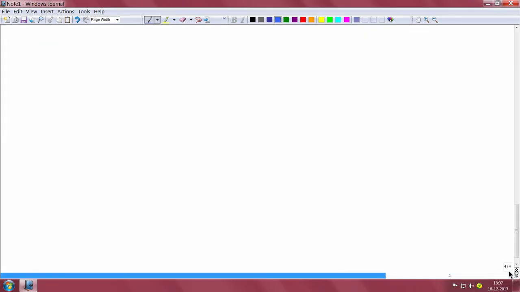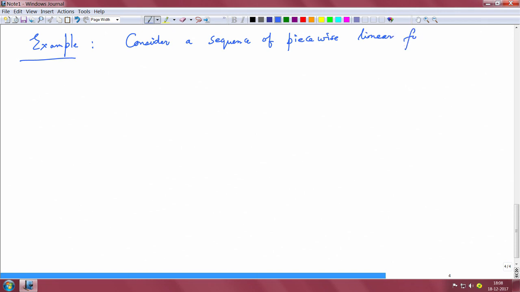Another example would help us here to understand what we are talking about with these limits. Consider a sequence of piecewise linear functions, and these are called tent functions because I will sketch this graph how they look.